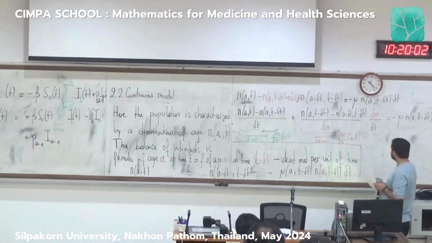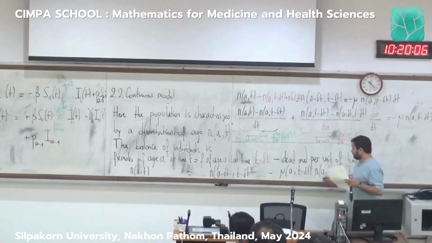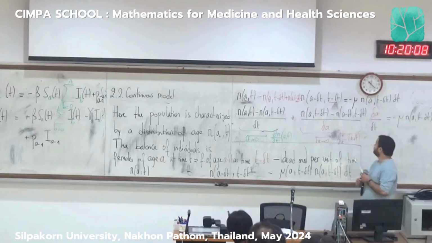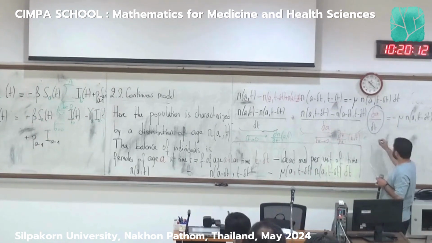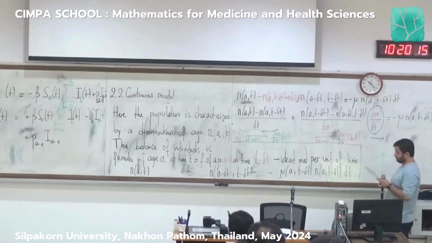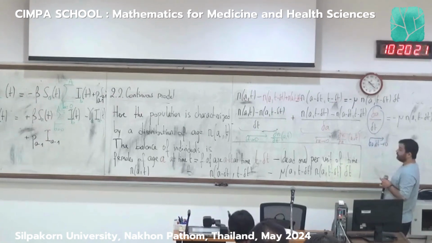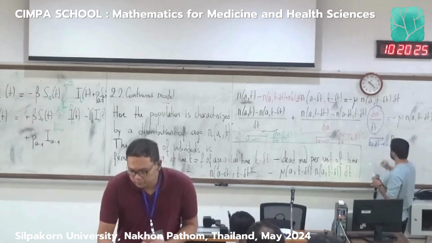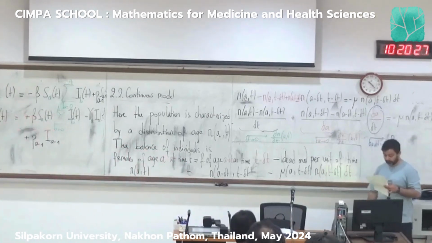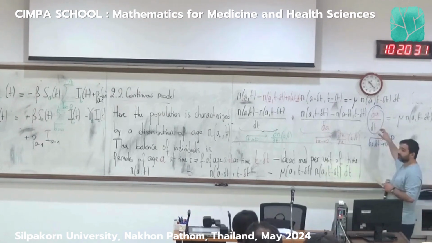I still have this line. What I want is this one to be equal to 0, so I want this as a limit, because the value can depend on the age and time.